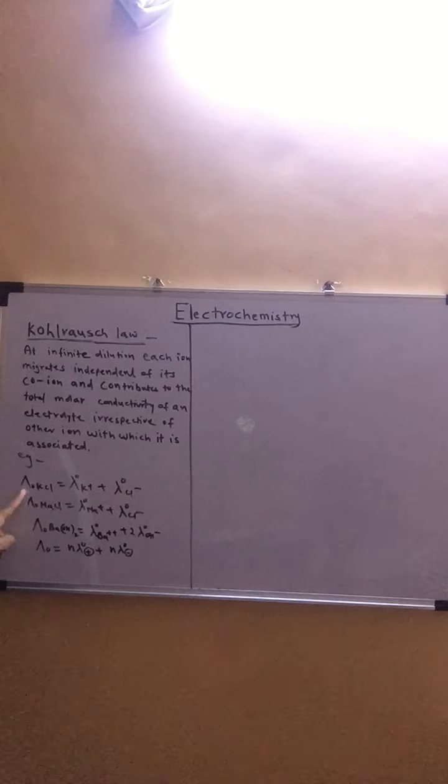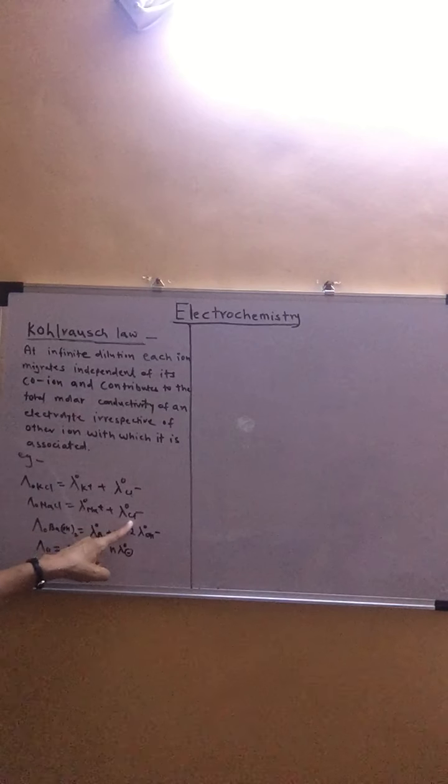It is molar conductivity at infinite dilution, which is indicated by lambda naught. Molar conductivity is lambda, and at infinite dilution, lambda naught of KCl is equal to, see difference, this is small lambda, lambda naught of K plus plus lambda naught of Cl minus. Similarly, lambda naught of NaCl is equal to lambda naught of Na plus plus lambda naught of Cl minus.